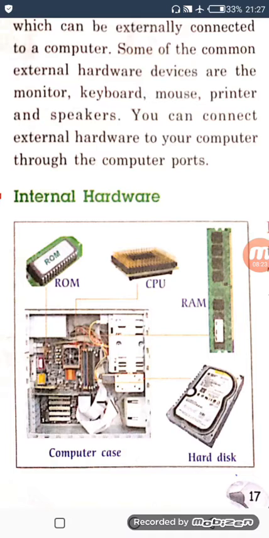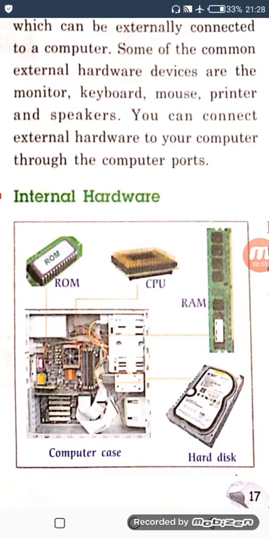They cannot be placed directly on a desk or table because that is not included in their functioning. They can only work if they are placed at their proper place, that is inside the CPU box or the computer case. And here are some devices given on the screen, just like the CPU.